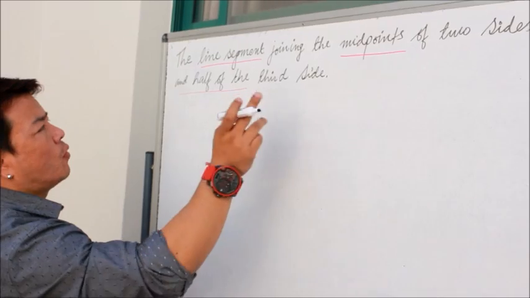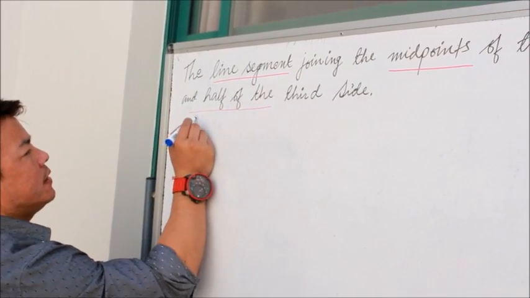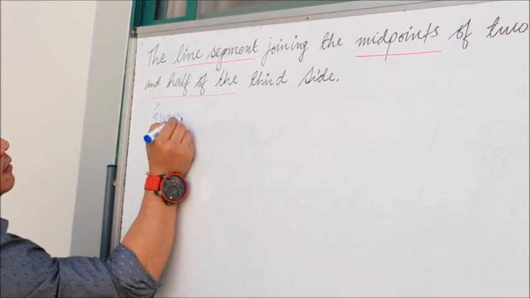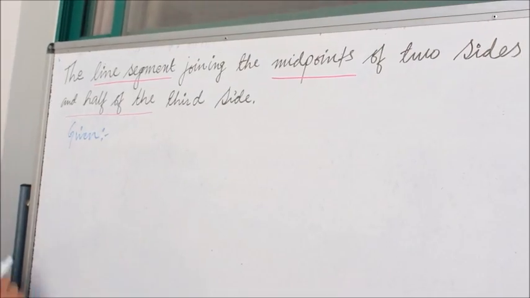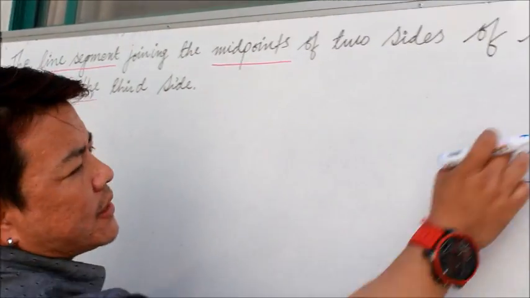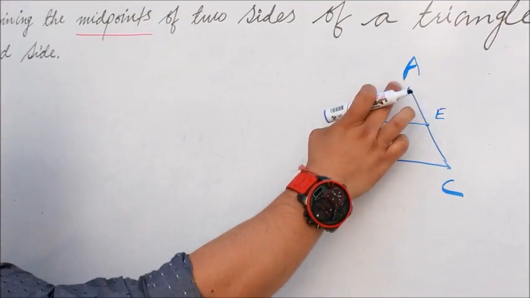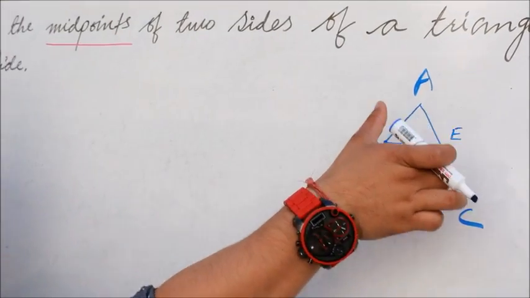Now what is given here? We write given: ABC is a triangle and D is the midpoint of AB and E is the midpoint of AC.